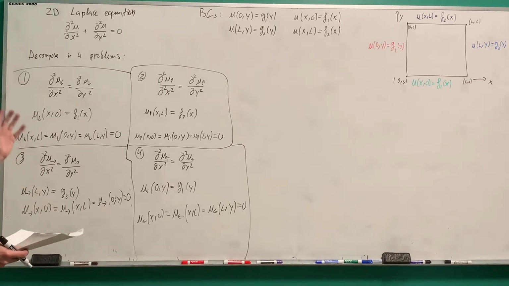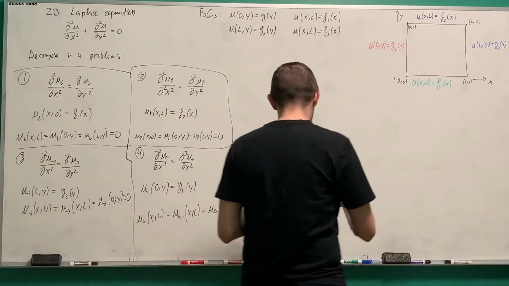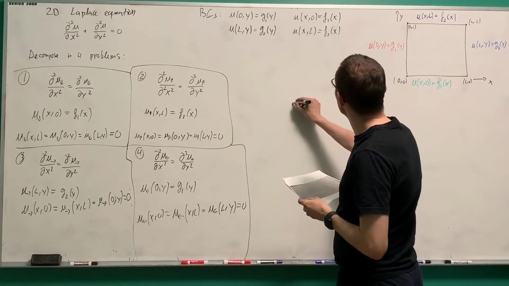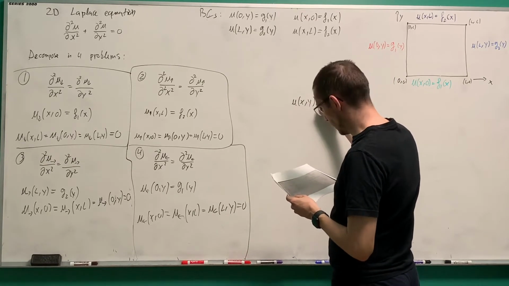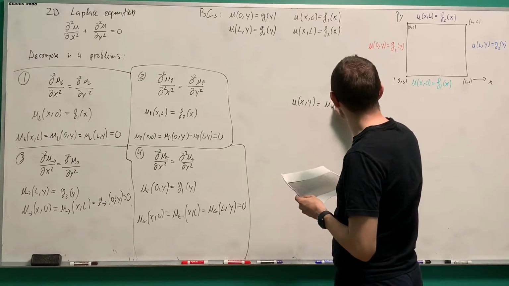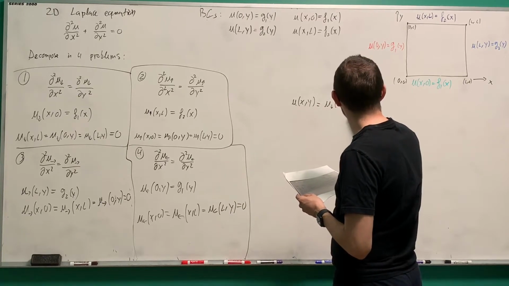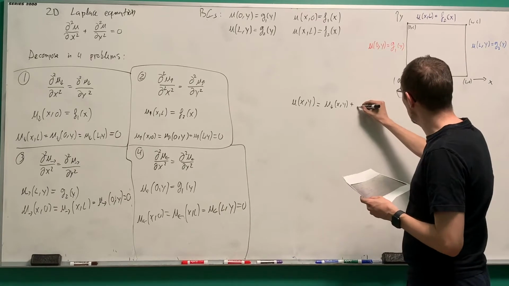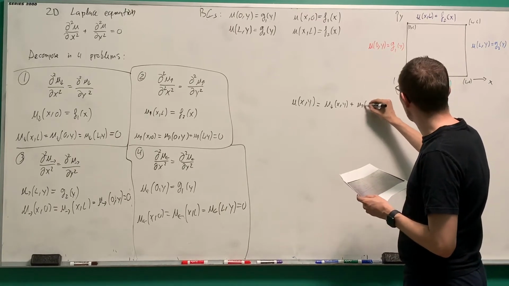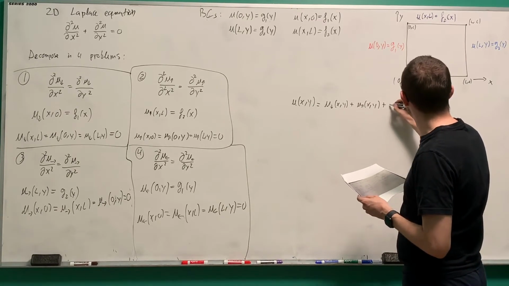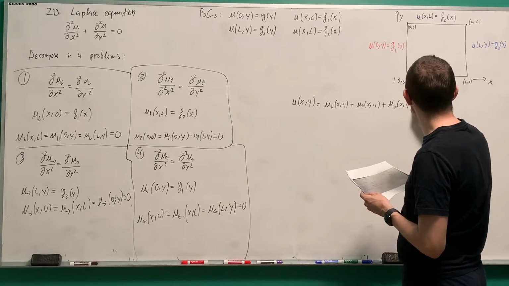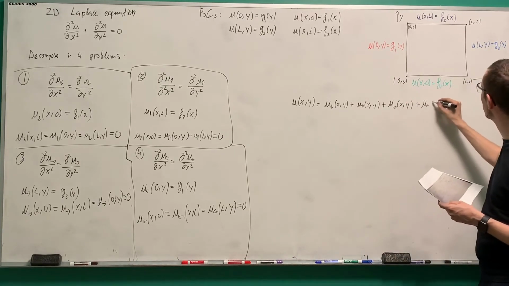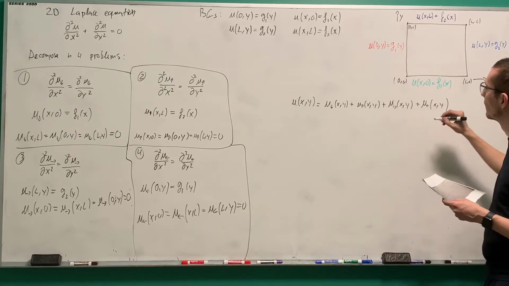Now, the question is, if I decompose it into 4 problems, then I'm going to claim that the total solution, u of xy, has to be equal to the sum of u down of xy plus u up of xy plus u right of xy plus u left of xy.